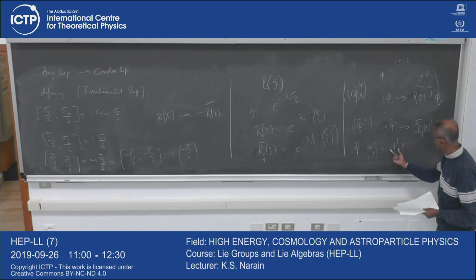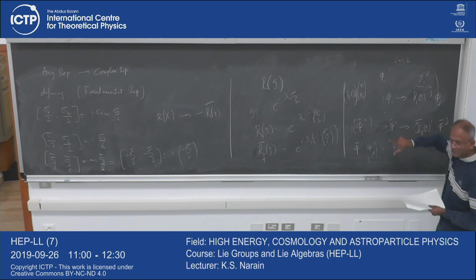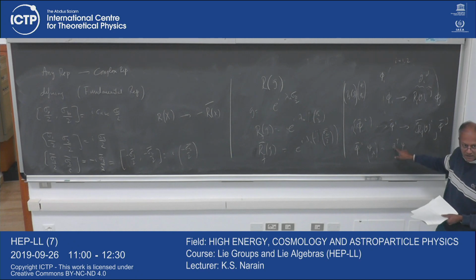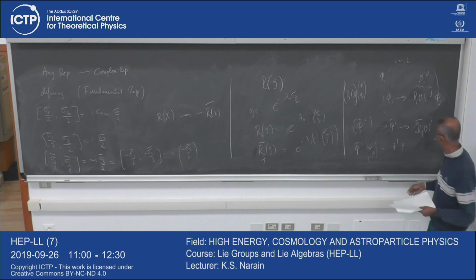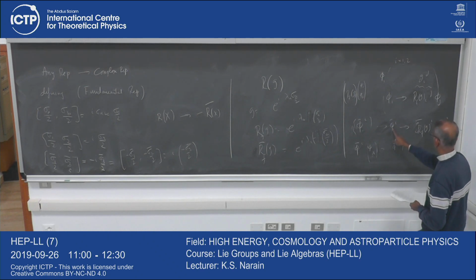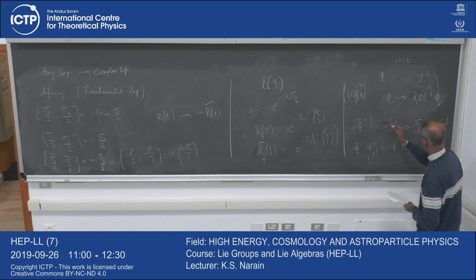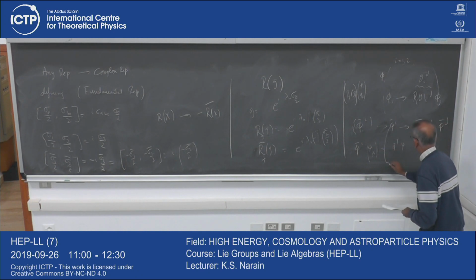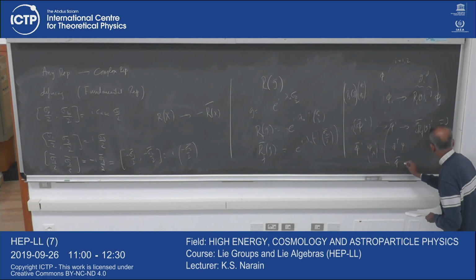The row vector is of course the transpose of the column vector. That's why I wrote this as a transpose. Is that clear? So when I take the transpose of this equation, it gives me phi bar times R dagger.